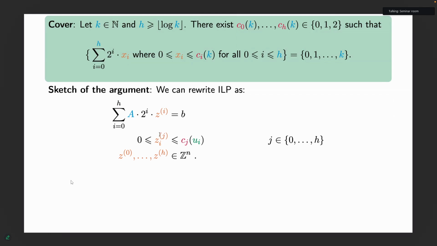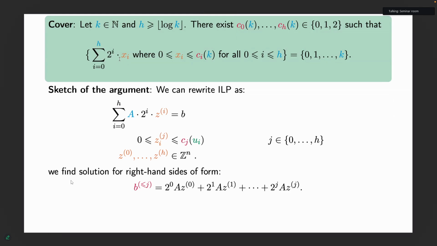And now you will use this cover to represent this ILP as logarithmically many variables that have just upper bound 2. And this is how you want to use this cover to represent the number. This will basically enumerate every possible right-hand side. This is where this came from.